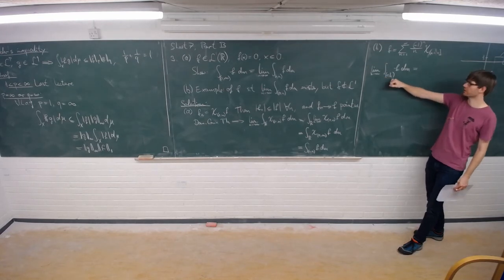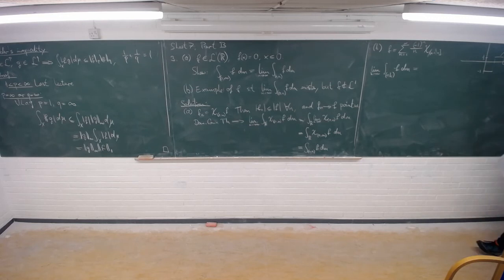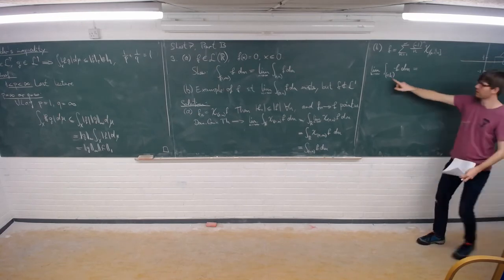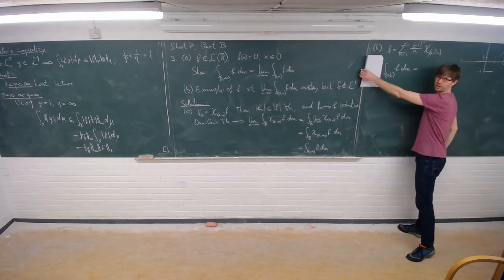Because I'm only going from 0 to k, so if I only look at this function up to a finite k, it's a difference of simple functions, because it can be negative. But still, the positive part and the negative part are both simple functions if I only go up to a fixed k, right? So we can use the integral for simple functions to compute this integral for every k.